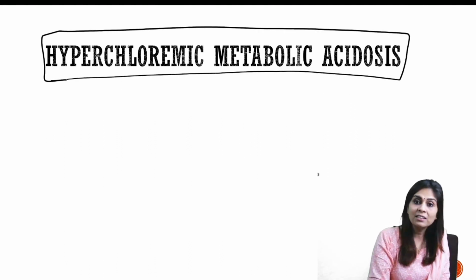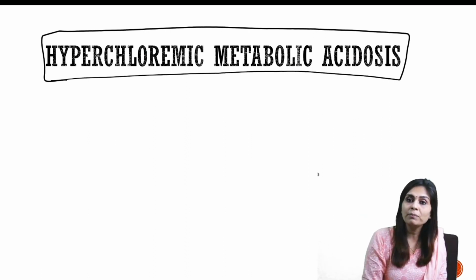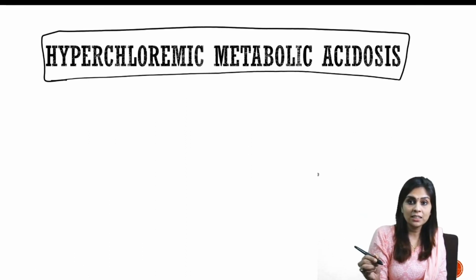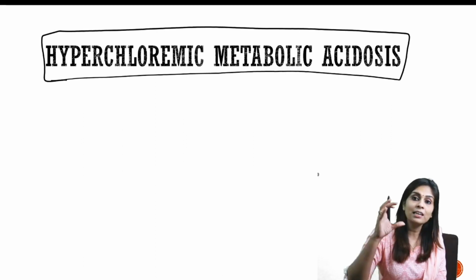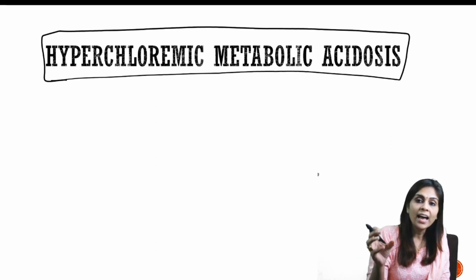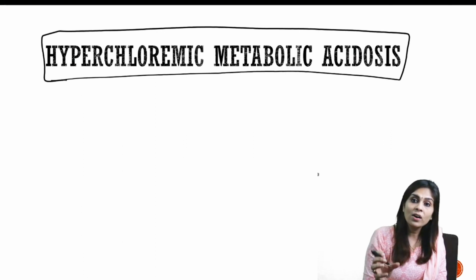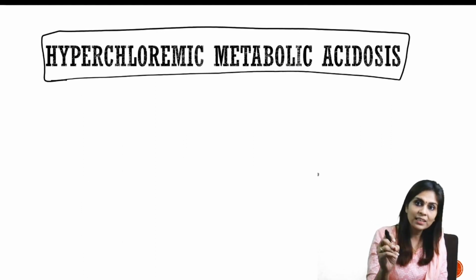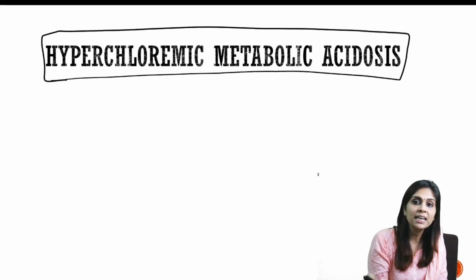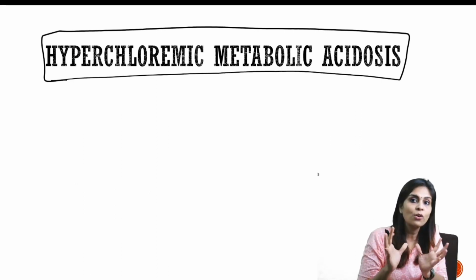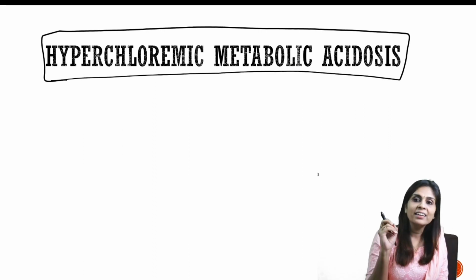So if somebody tells you that it's a form of hyperchloremic metabolic acidosis, or if in an ABG chart you have identified that it's a case of metabolic acidosis, and then you observe that the chloride concentration is increased, it's a clue that is given to you that this metabolic acidosis is caused by a loss of bicarbonate either through GIT or through kidney. And in this case, what happens to anion gap?